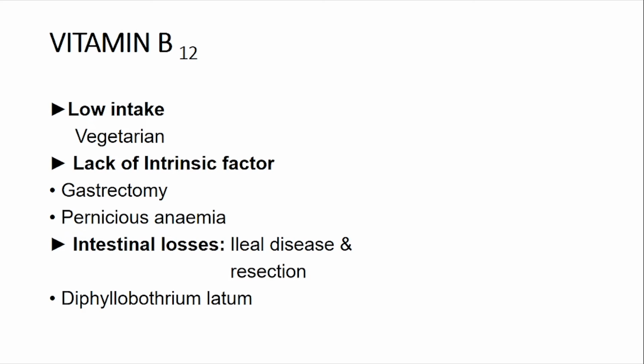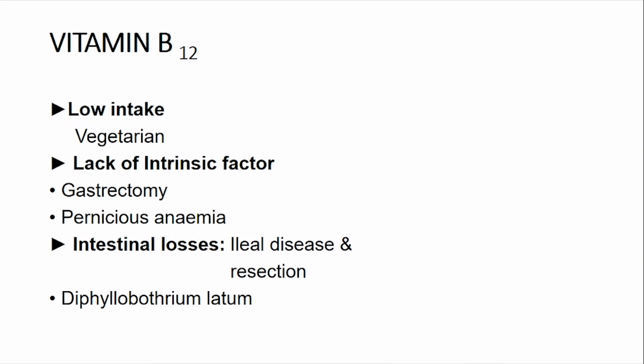For example, if a patient has gastric cancer, gastrectomy can be done, and also other procedures which will reduce the size of the stomach, and this will lead to decreased absorption of vitamin B12, which can also be one of the causes.